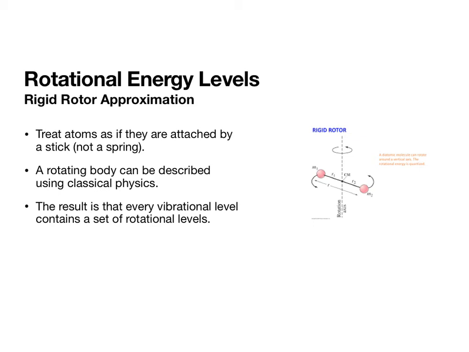We are using a rigid rotor approximation. So we are now ignoring the fact that we just assumed that the bond was a spring, and now we assume that this bond cannot move. And then we treat this as a rotating body, just like we would in classical physics. And our answer is that every vibrational level contains a set of rotational levels.